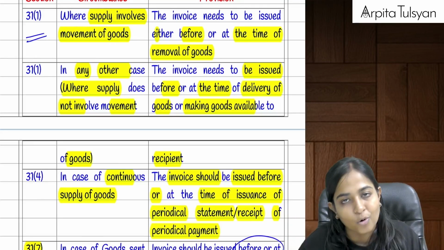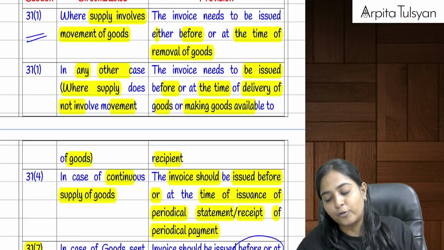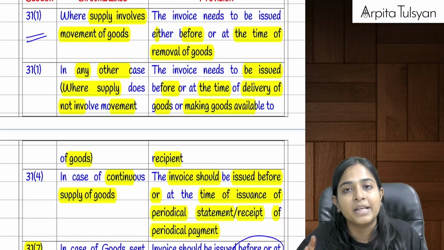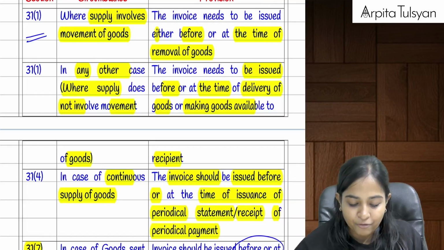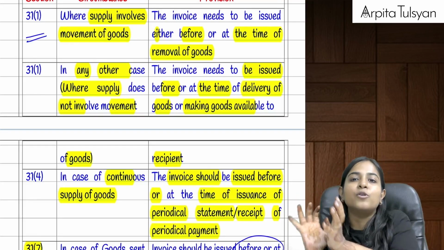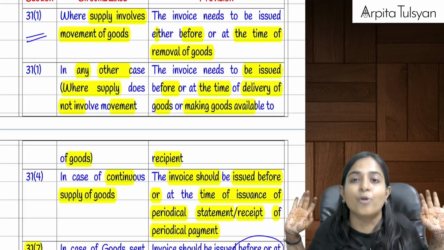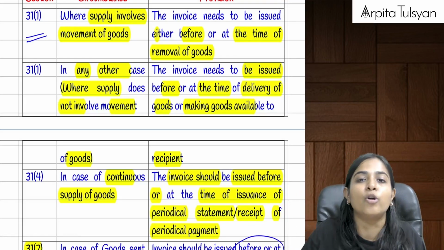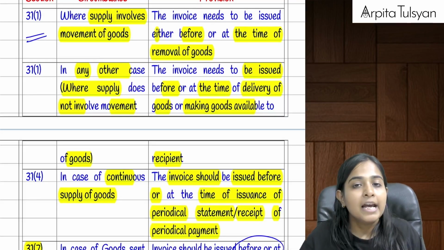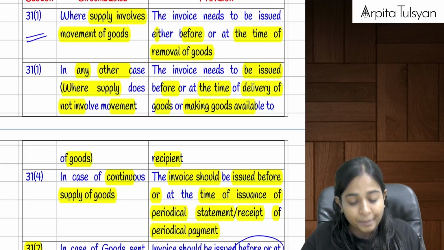Although the goods have now been sold, there is no movement of goods. So in that case, the invoice needs to be issued on or before the time of delivery, that is, before making the goods available to the recipient as the owner.